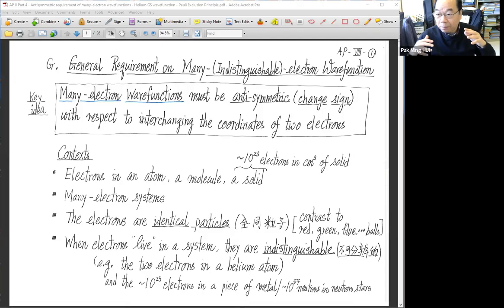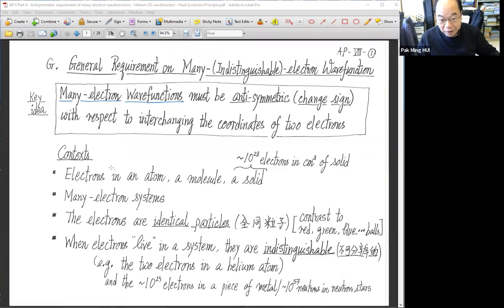So let me motivate this and make this reasonable. What is the context that we are considering? We are considering there are more than one electron beyond hydrogen. For example, 2 electrons in helium, 3 electrons in lithium, etc. Or even for bigger systems, in a molecule, we have several atoms coming together to form a molecule, thereby we may have tens of electrons.